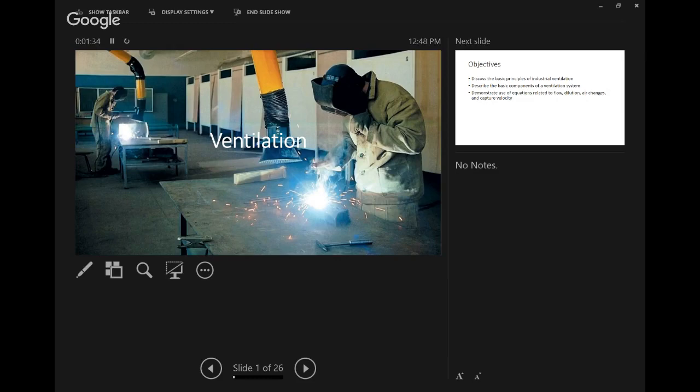With indoor air quality, I think we think a lot of dilution or general ventilation. When we think of high risk exposures that are airborne, then you usually want to think of something like local exhaust ventilation. So what are these guys doing? They're welding.